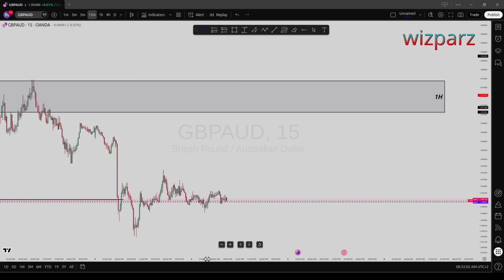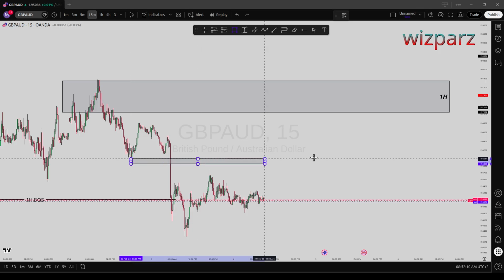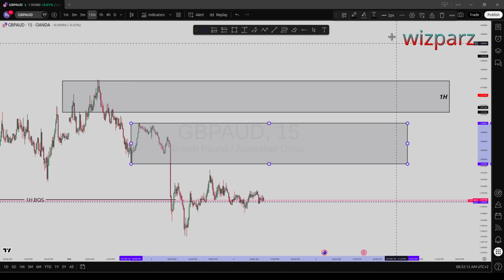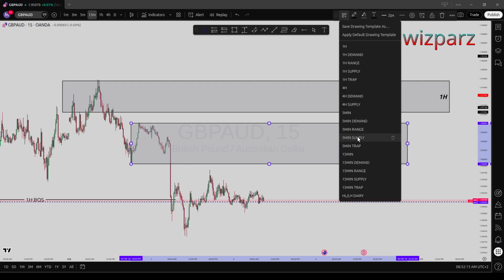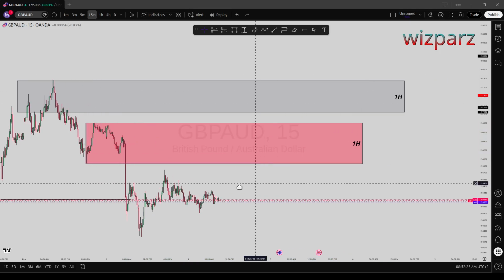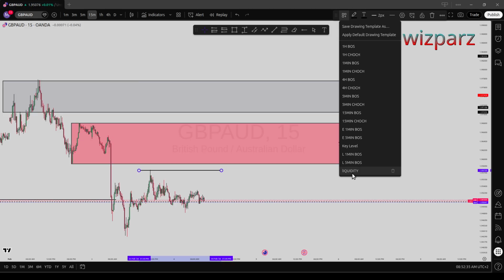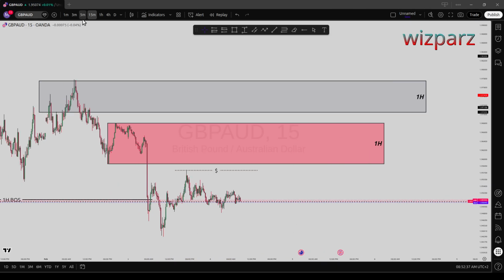Scale to the 15-minute time frame and mark up our supply area, and this is a supply area where we can look for short opportunity, trading the 1-hour trend. And right now I'm expecting price to liquidate this again before looking for short.